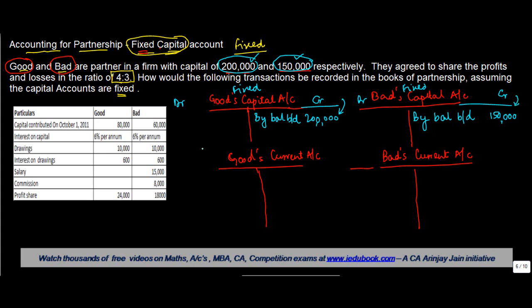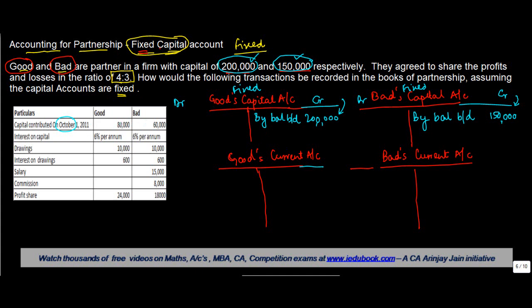Now let us see what the transactions are. Capital contributed on October 1, 2011. So there is an additional capital which has been contributed by both Good and Bad. Please note that we are preparing these accounts from the perspective of the partnership firm. When a capital is contributed by a partner, what is the entry that you will pass?